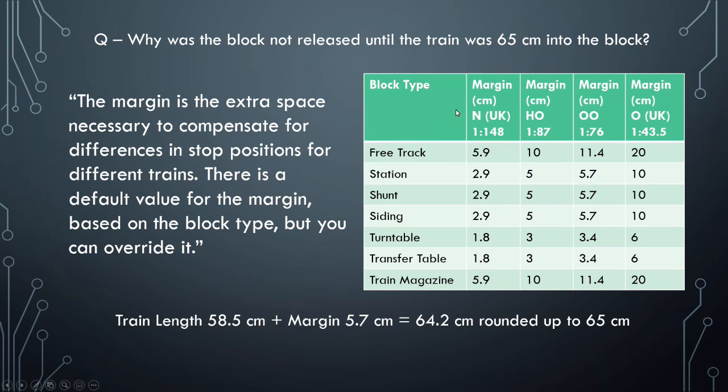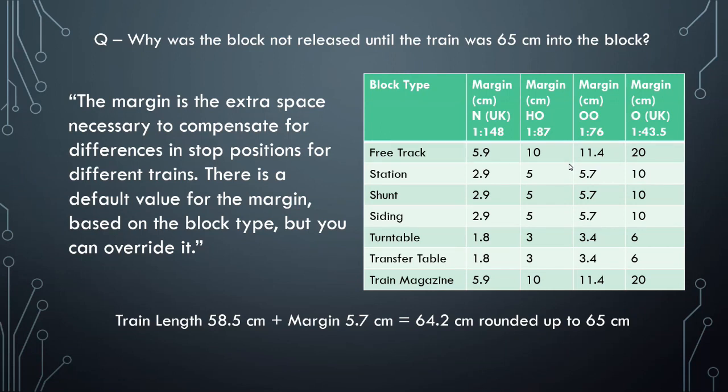The table here shows the margin values for the different types of block, and the values will vary depending on the scale of your layout. These are the default values that iTrain automatically applies. You can change them by clicking on that margin field in the block properties, and then you can create your own margins should you wish.